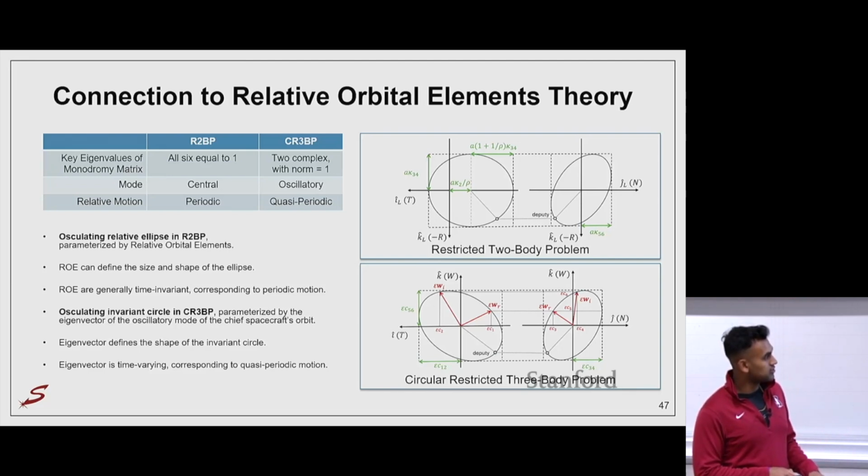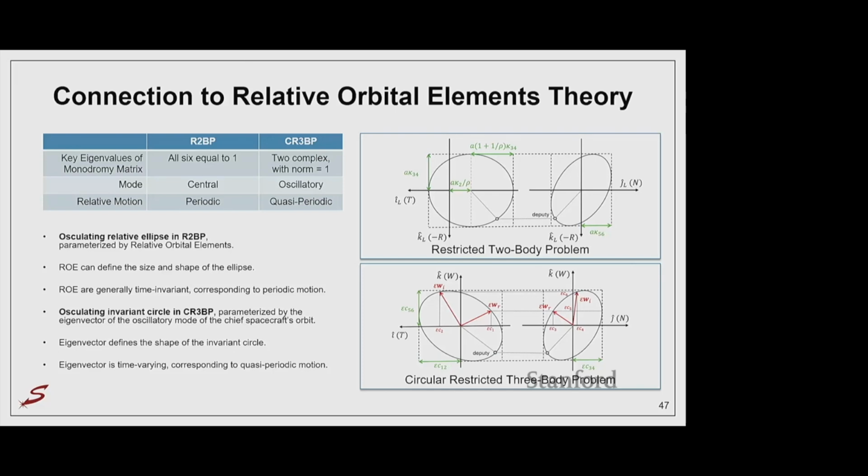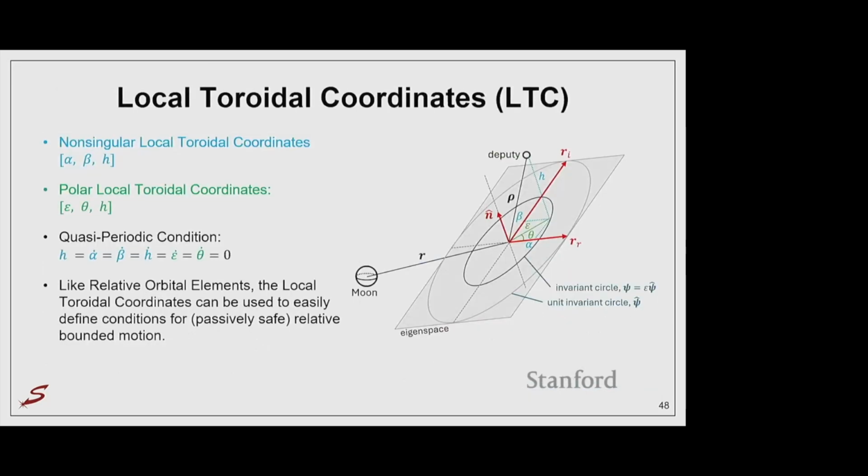Here, this eigenvector is time varying, so it keeps moving and tracing out this circle. The circle keeps changing as the eigenvector evolves, and the eigenvector keeps redefining the shape of the invariant circle. But the key thing is that we can use that oscillatory eigenvector to parameterize our spacecraft motion.